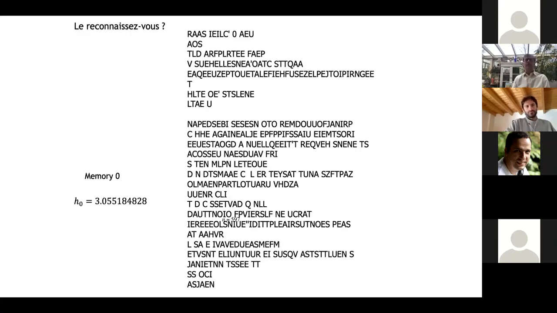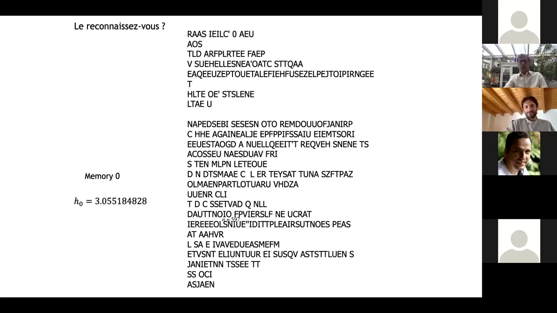This is a text, and you simulate it in memory 0. You see that the entropy rate is relatively important. It's 3. Is there anybody who can guess the text? No, I don't ask, because either you already know, you are not allowed.